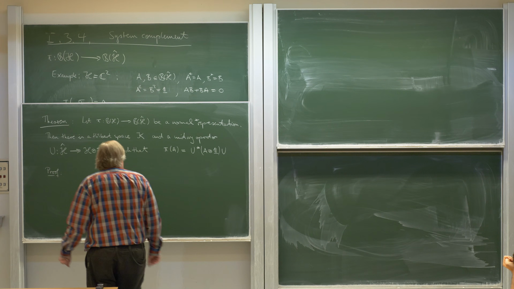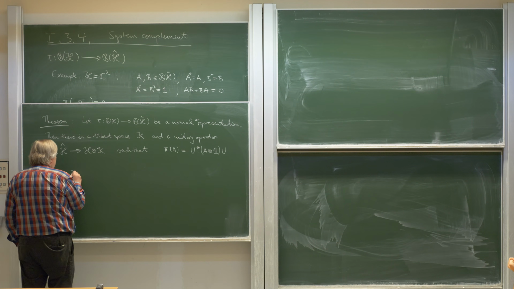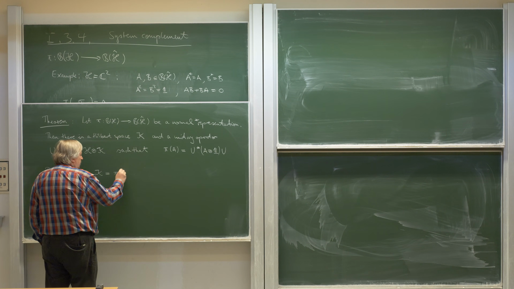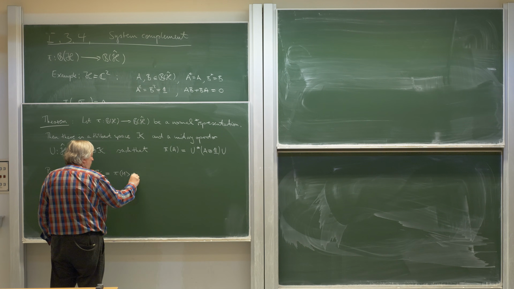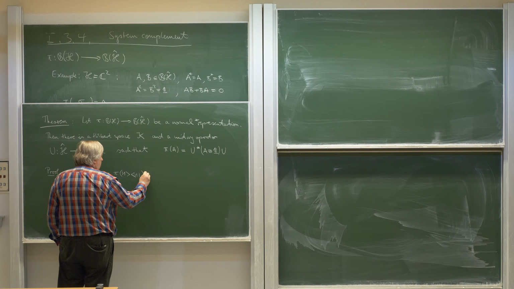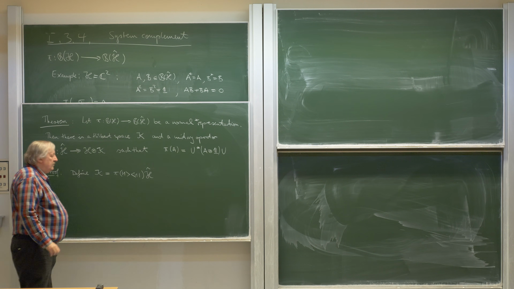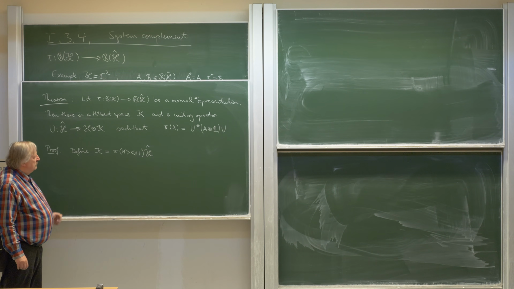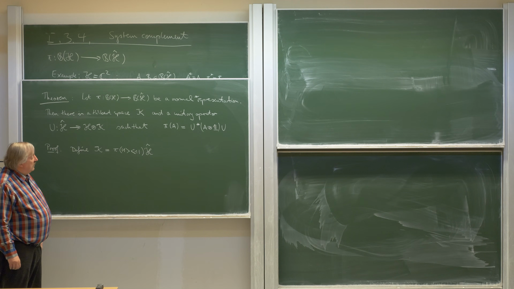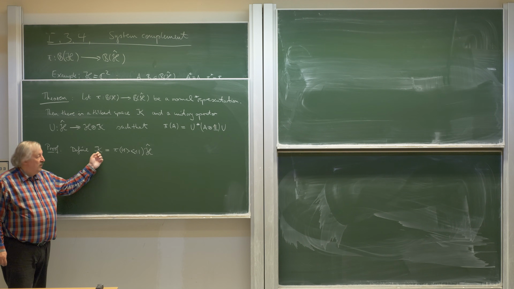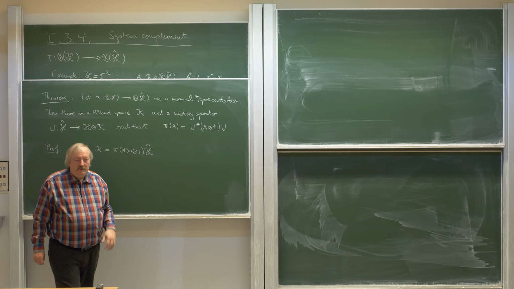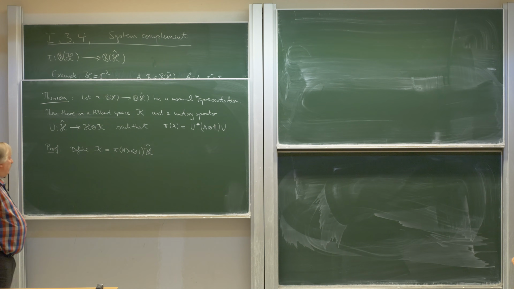And so this is exactly how the proof goes. So define, this is sort of our basic model of K. So we find that as a subspace of H, and now we have to define the unitary operator.